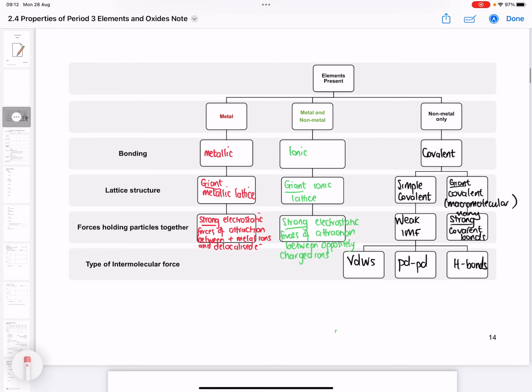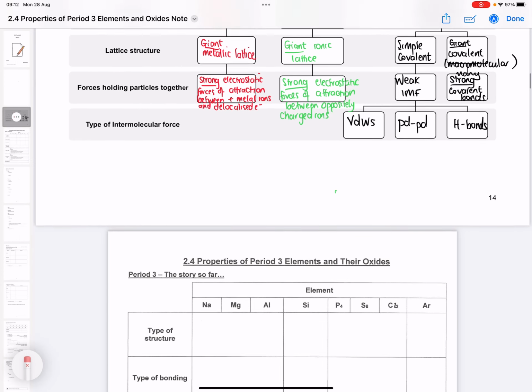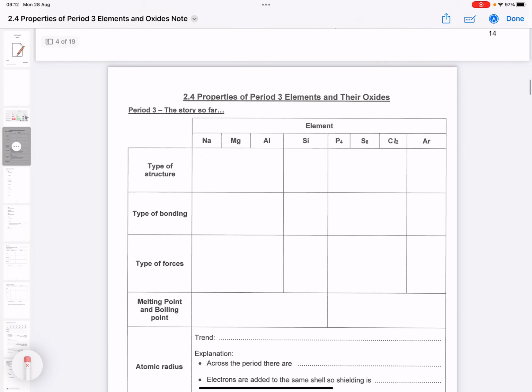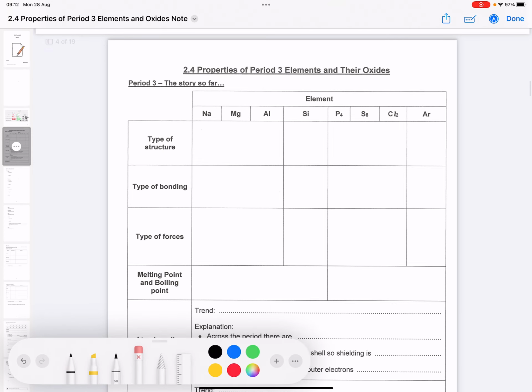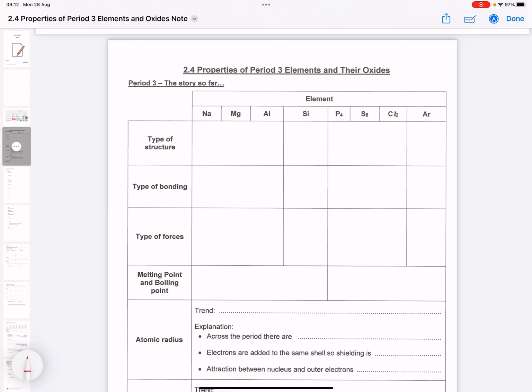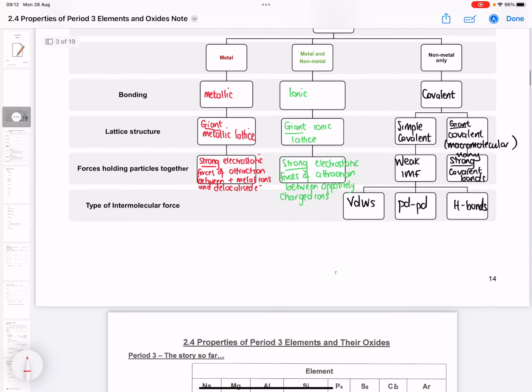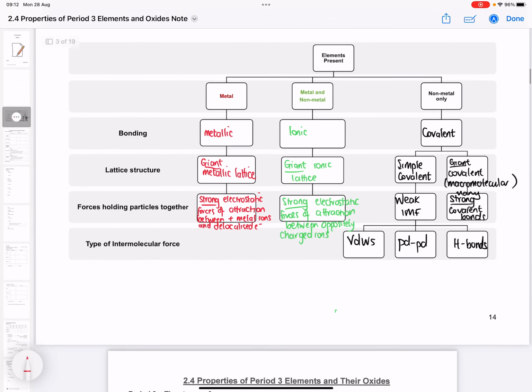So we can't be using ionic because we can't have two different elements if we're just talking about the straight elements of period 3. So let's have a look. We've got the first three, sodium, magnesium and aluminium. We would be looking down our red of our flowchart.